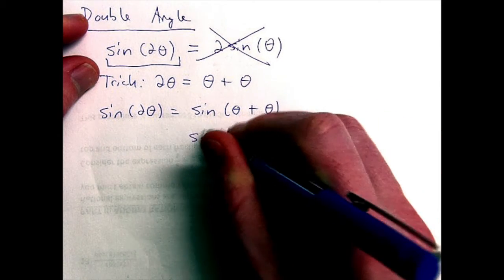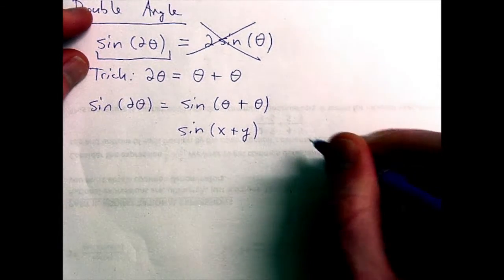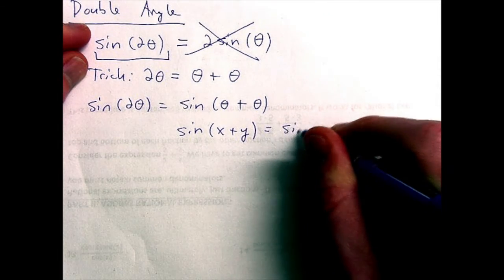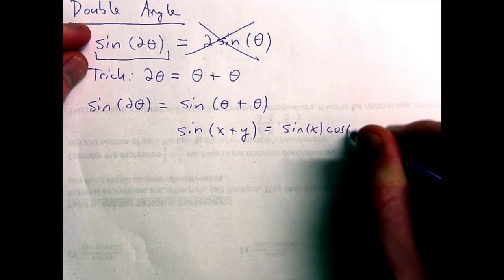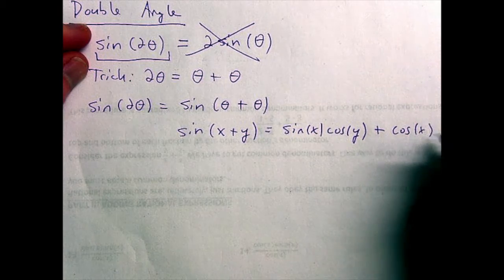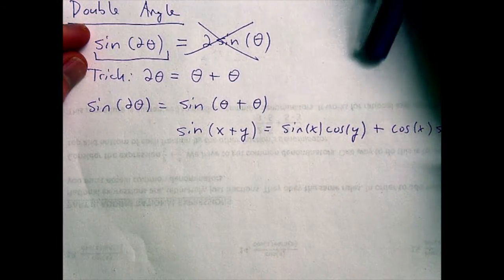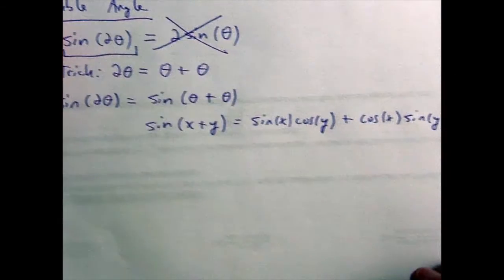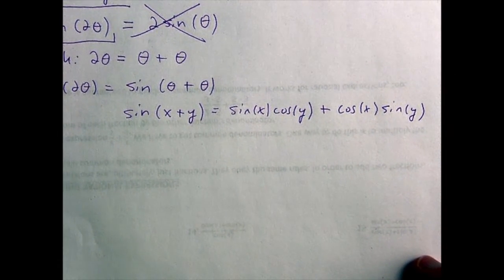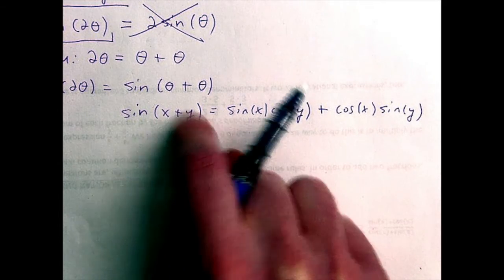In general, the sine of x plus y, where x and y are any angles, is sine of x times cosine of y plus cosine of x times sine of y. Now, that's true no matter what x and y are. So certainly it's true in the particular case that x and y are both the same angle, namely theta.